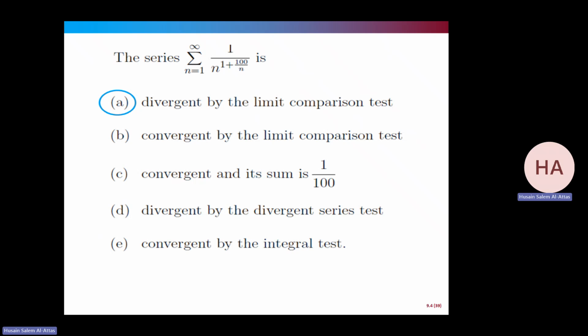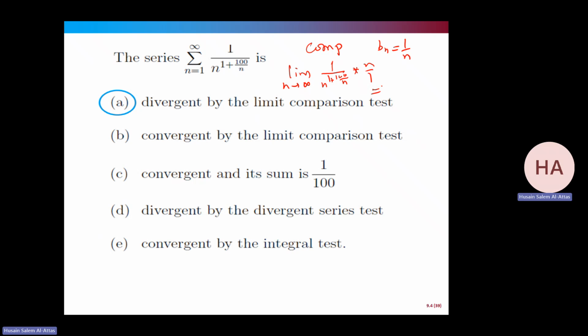I will make it with 1 over n. Compare it with this. What will be the limit as n goes to infinity of 1 over n, 1 plus 100 over n, times n to the power 1, when n over 1?